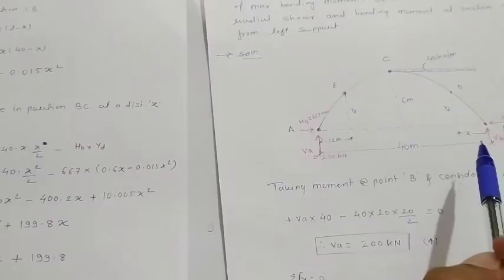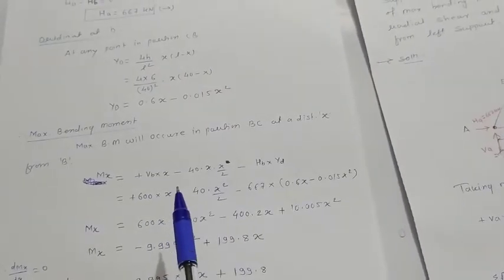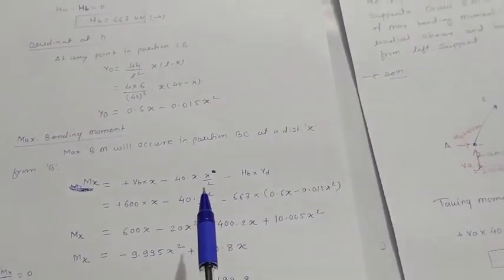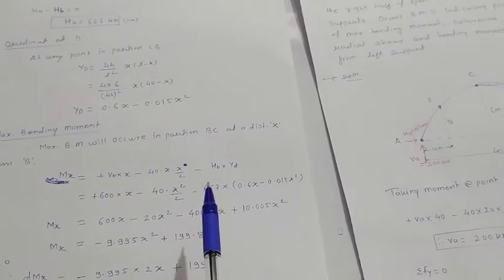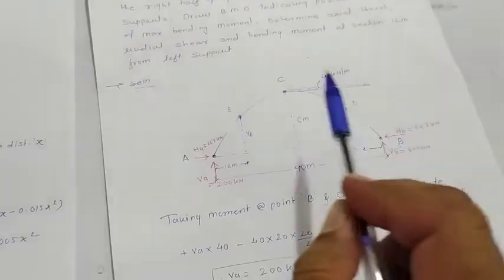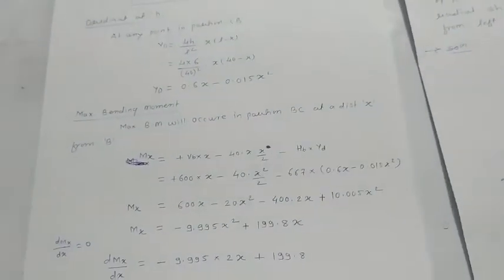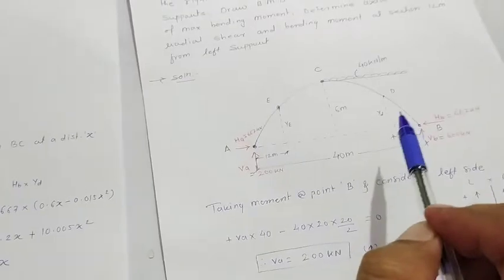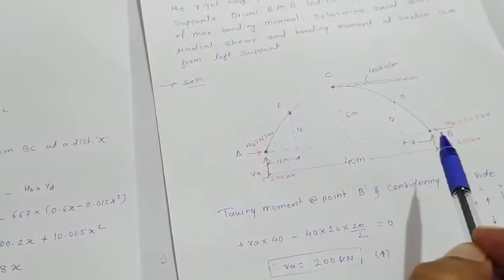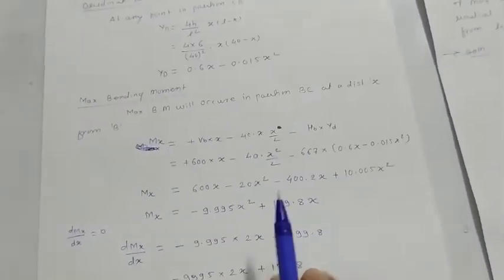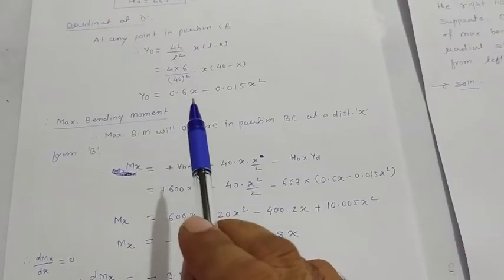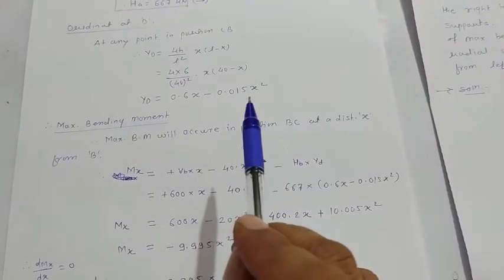So VB into x minus 40 into x by 2 minus HB into YD. We have the YD of 0.6x minus 0.015 x square.